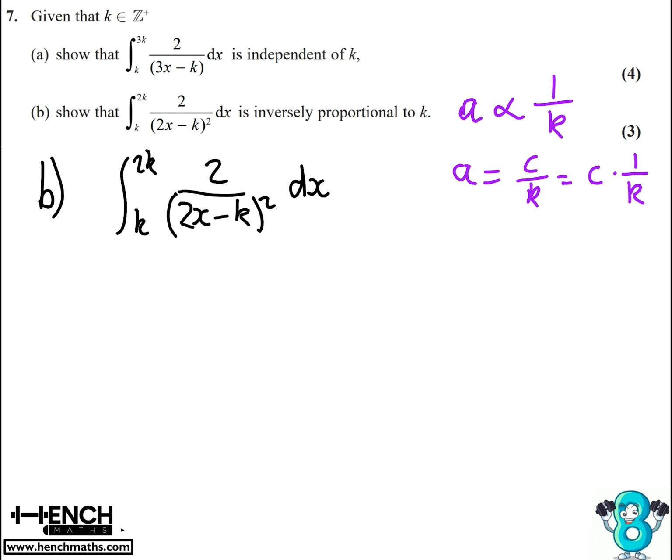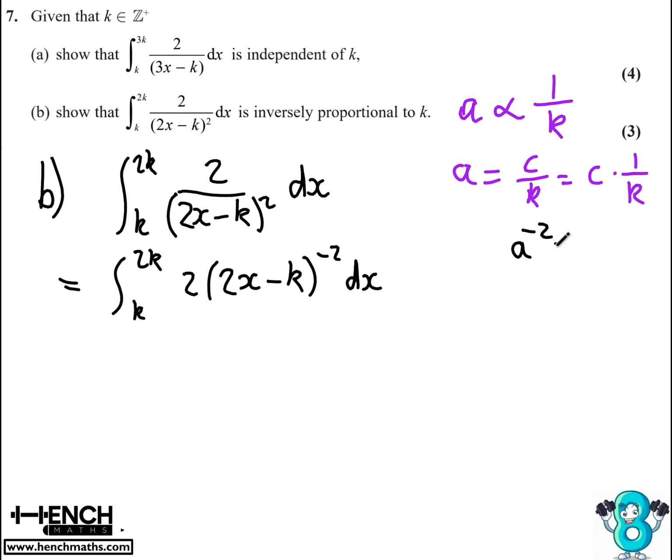So using our rules of negative indices, we can actually rewrite our integral as the integral of 2 multiplied by (2x subtract k) to the power of negative 2. So it's this rule that we've got. So say, for example, a to the power of negative 2 is 1 over a squared. And then we can integrate that using reverse chain rule.